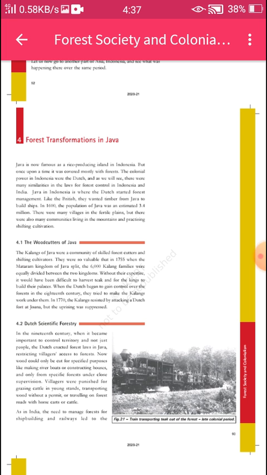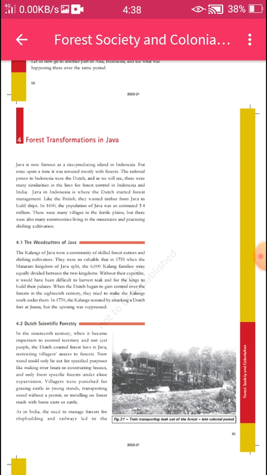Just as Indian people suffered because of the forest rules and laws made by the British, in Java also the Dutch government made rules, regulations, and laws about forest communities and controlled Java. Java in Indonesia is where the Dutch started forest management.